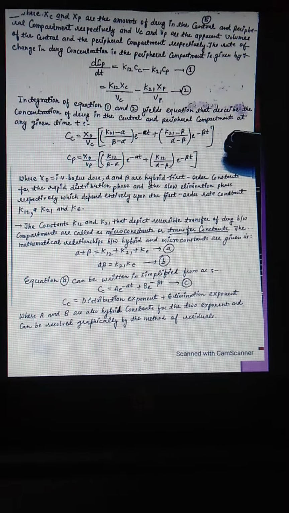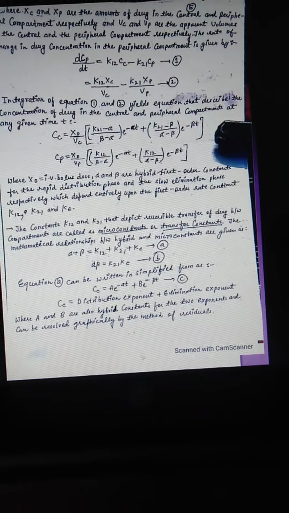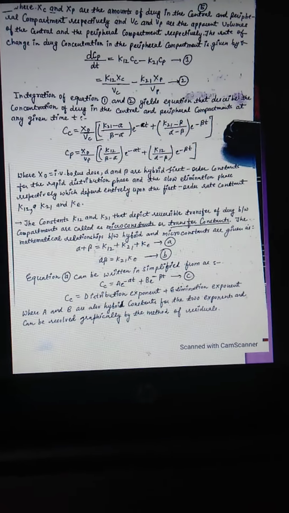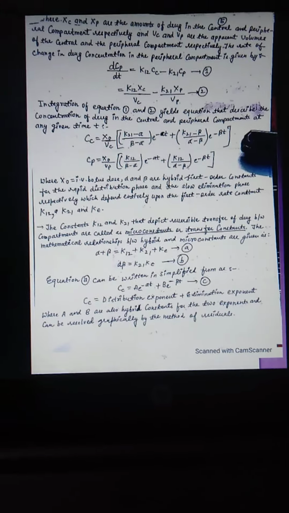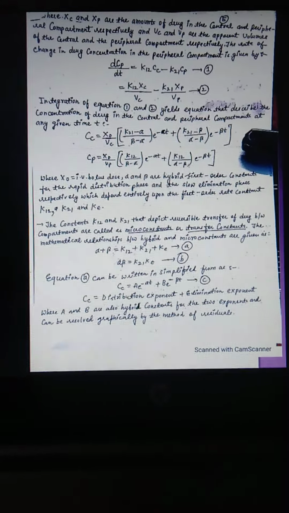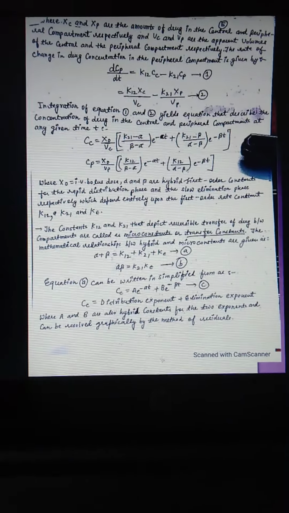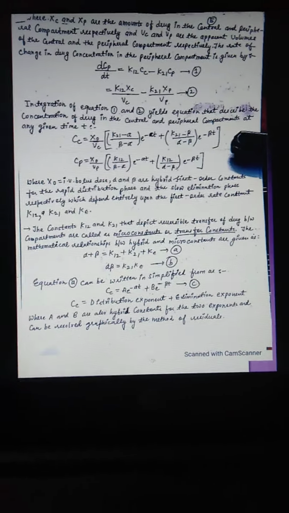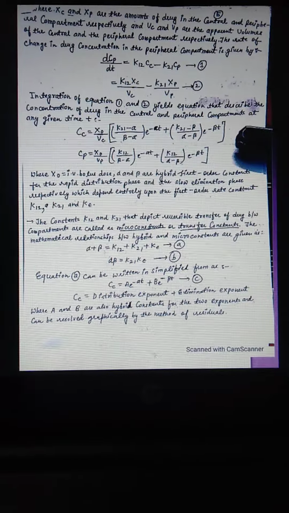Here we integrated equations 1 and 2, where Xc and Xp are the amounts of drug in the central and peripheral compartments respectively, and Vc and Vp are the apparent volumes of the central and peripheral compartments respectively. The rate at which the drug concentration in the peripheral compartment changes is represented in the equation.